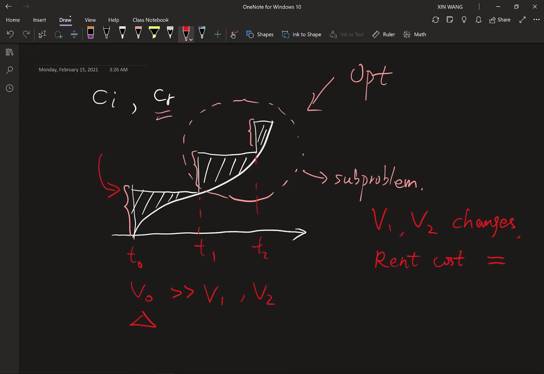The rent cost will remain if v1 and v2 are smaller than v0, and it will change when v1 or v2 becomes greater than v0. So without knowing v0, we cannot calculate the rent cost for this subproblem. That means this problem is no longer decomposable, and we cannot immediately apply the dynamic programming algorithm.